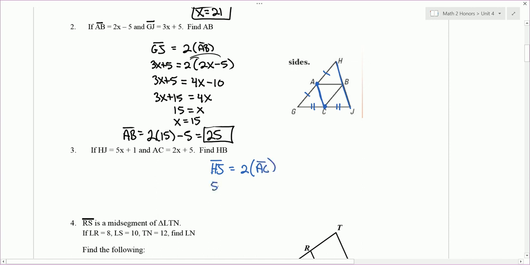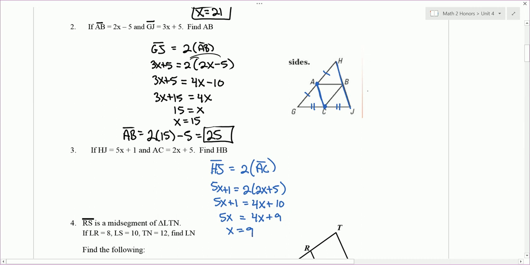So 5x plus 1 is equal to 2 times 2x plus 5. And subtracting 1 from both sides, we get 5x is 4x plus 9. Subtracting 4x, we get x equals 9.